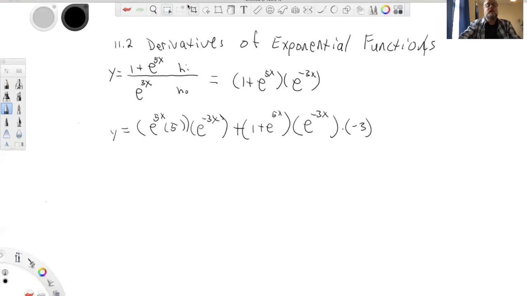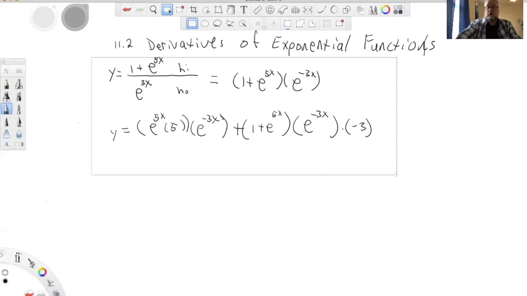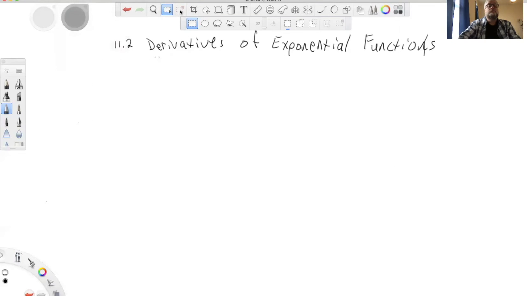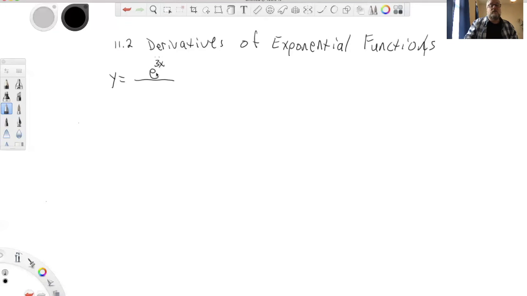Okay, happy with that? Now let's switch it around. Let's do the reciprocal of it. Y equals e to the 3x over 1 plus e to the 5x.